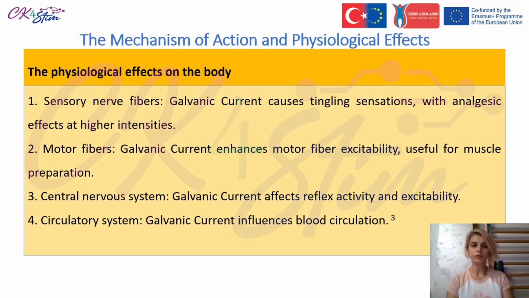In the motor fibers, it enhances motor fiber excitability and is useful for muscle preparation. In the case of the CNS, the galvanic current affects reflex activity and excitability, and it influences blood circulation, which enters the domain of the circulatory system.